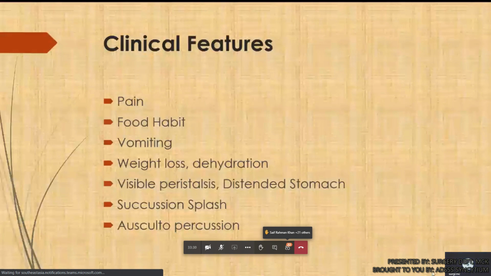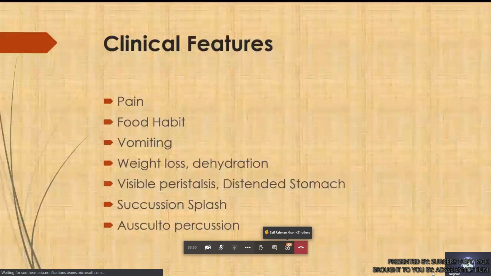Now, what are the clinical features of gastric outlet obstruction? Pain is in the epigastric area, usually vague pain in the epigastric region. Food habit is very important.